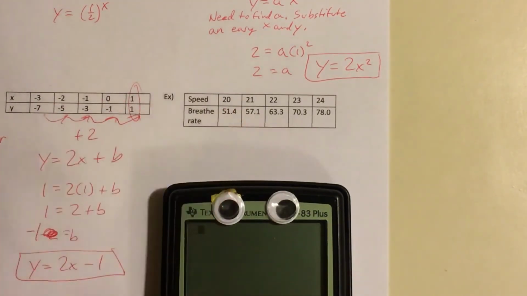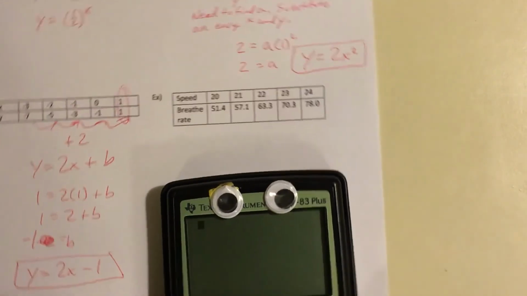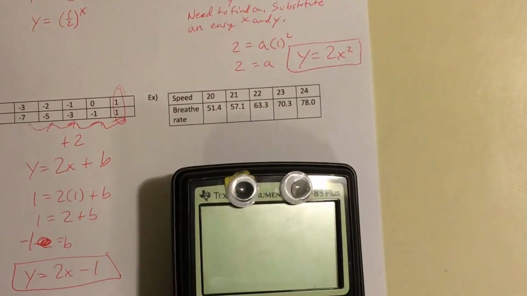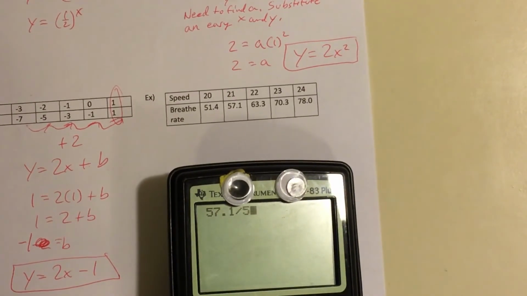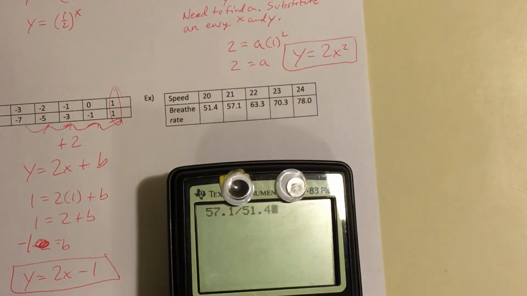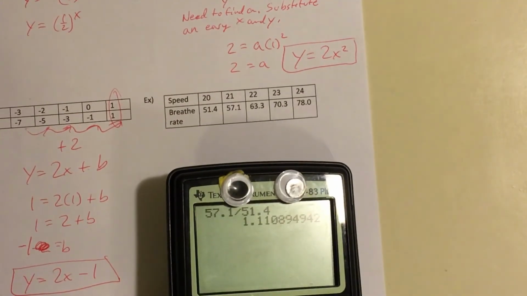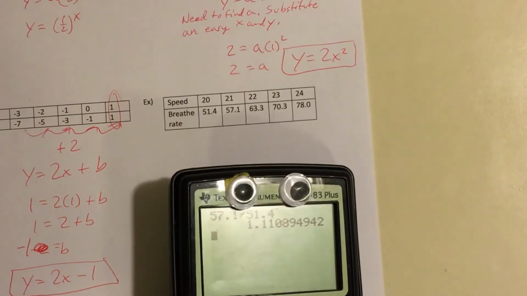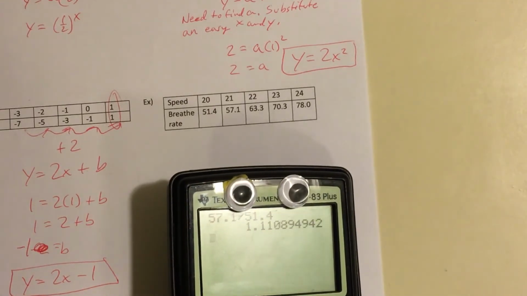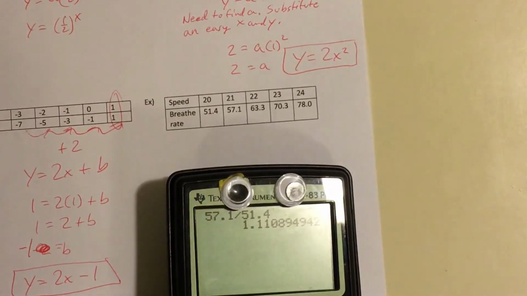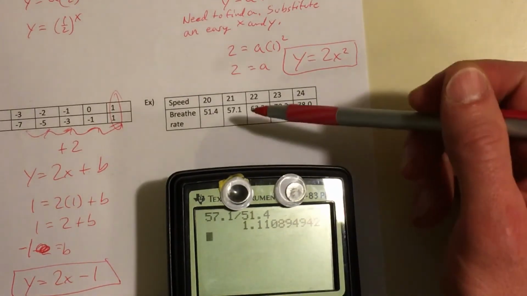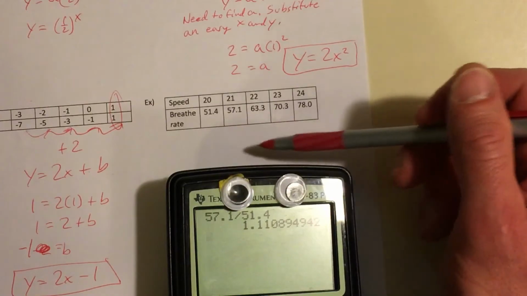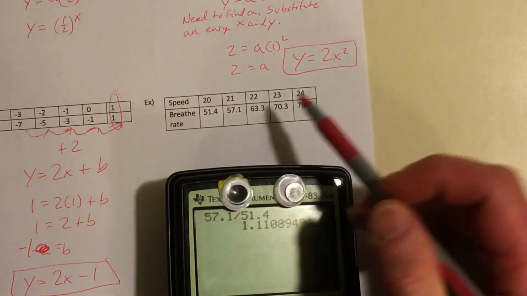So new over old. So I'll do 57.1 divided by 51.4. And I get a rather lengthy decimal there. Okay. Well, let's see if we can multiply by 1.11 approximately.